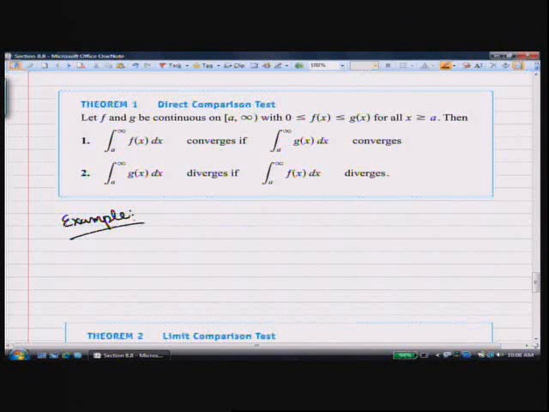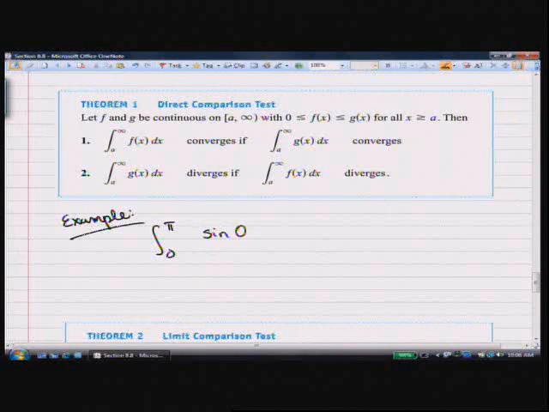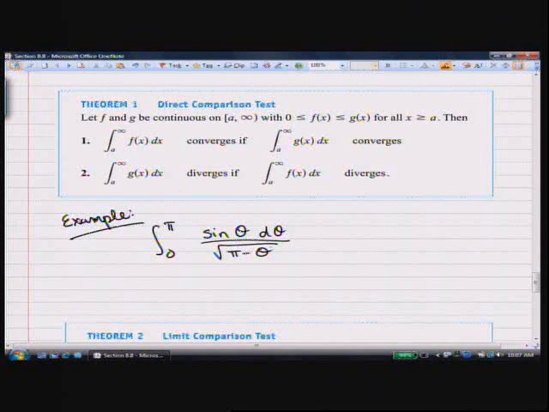Okay, so let's look at a problem like this: the integral from 0 to pi of the sine of theta d theta over the square root of pi minus theta.